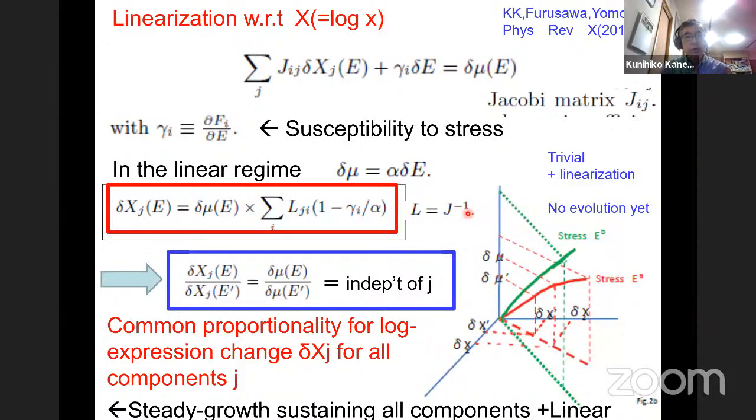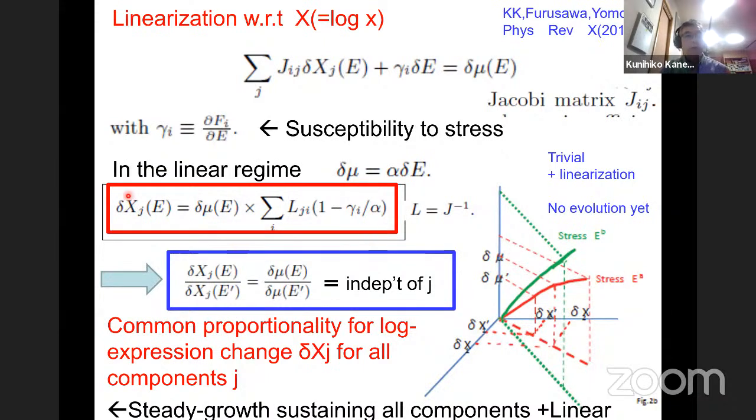Now consider two strengths of stress, E and E prime, and compare them. Here we assume linearization, which means the changes are along a straight line. If we take E and E prime, this part is common across E and E prime.